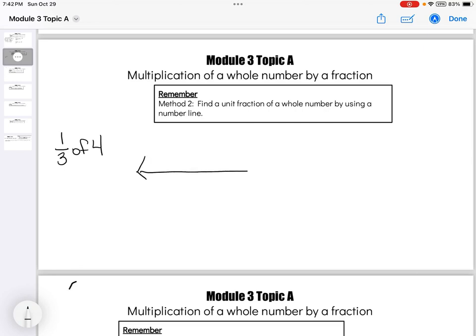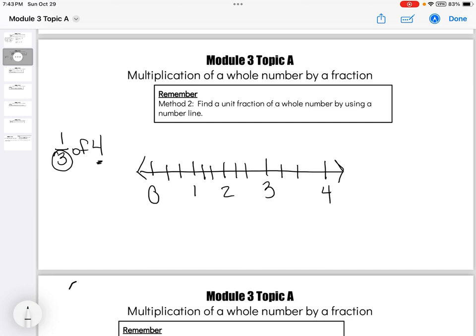Students can draw that number line, know that 4 is on one side, 0 is on the other, and fill in those wholes. Because it's thirds, I'm going to divide each of my wholes into thirds. So 1/3, 2/3, 3/3 would be the whole, and I would continue that way.